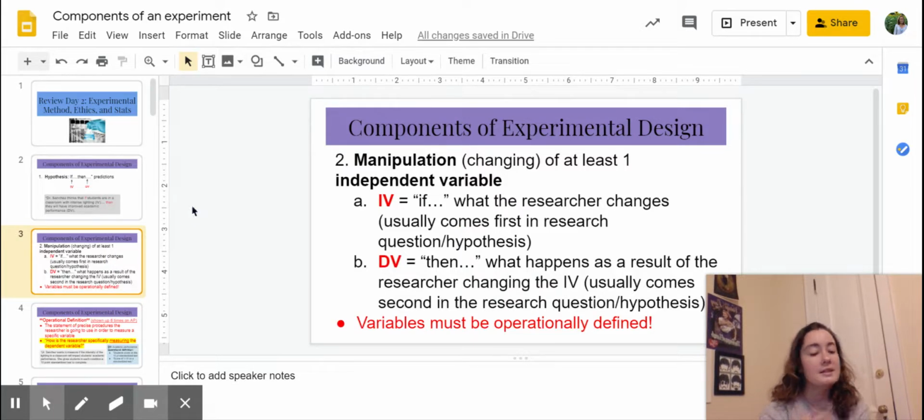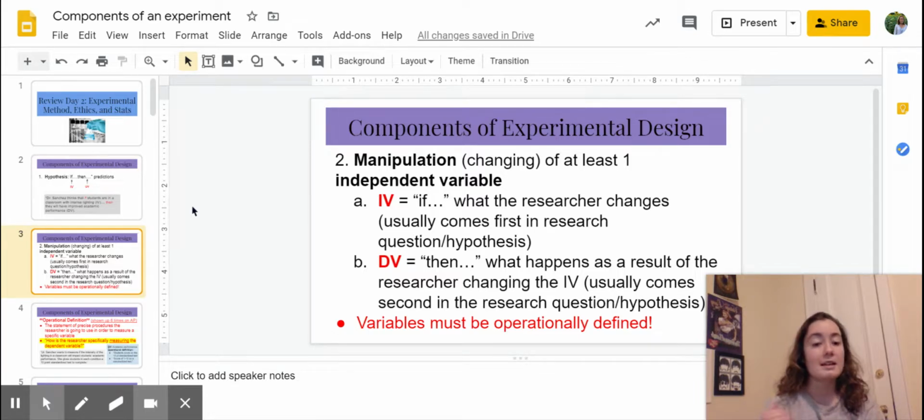So the next key component of an experiment is, like I said, that the researcher is manipulating or changing at least one independent variable. Like you did on that practice FRQ yesterday, being able to explain why something is an experiment or why something isn't an experiment. Probably the best way to do this is by saying that there's manipulation of an independent variable.